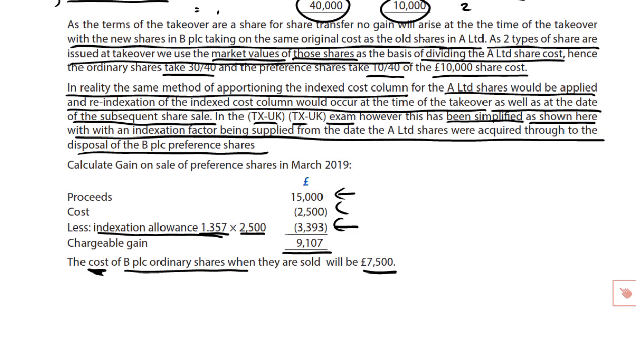Once done, should any of those shares, be they as here preference or possibly ordinaries, be sold, as long as you know the cost, you can put the cost against the proceeds, get your unindexed gain, apply your relevant indexation factor to your allowable cost, and you've now got the chargeable gain figure.